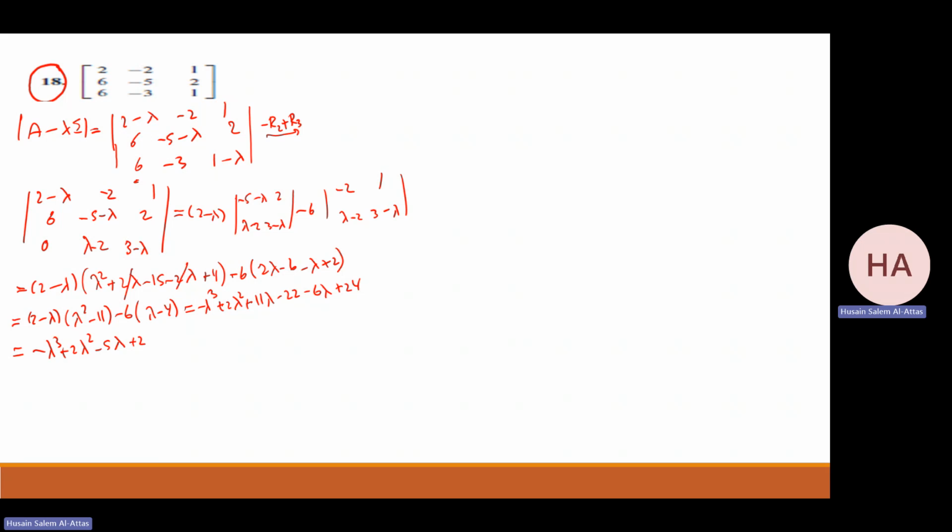Multiply by minus 1 and add. That will be 5 plus lambda. That means lambda. That should be plus 2. This should be plus 2. Yeah. So this should be plus 2. This should be plus 2.